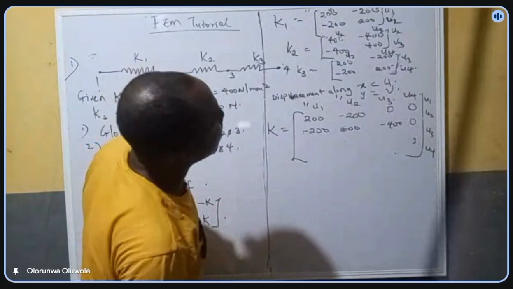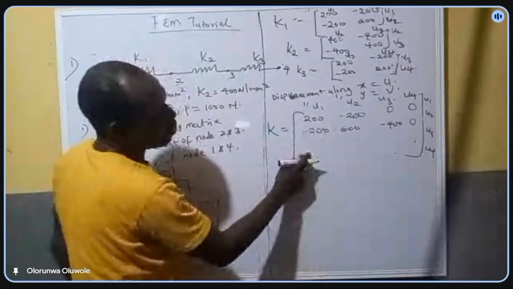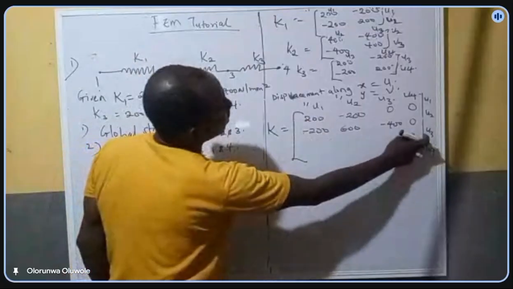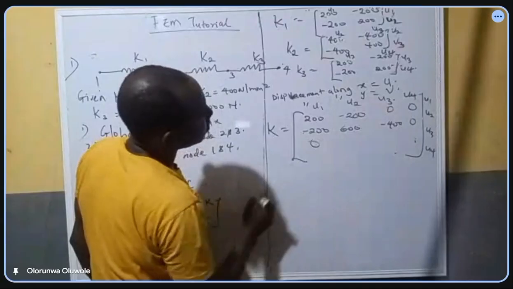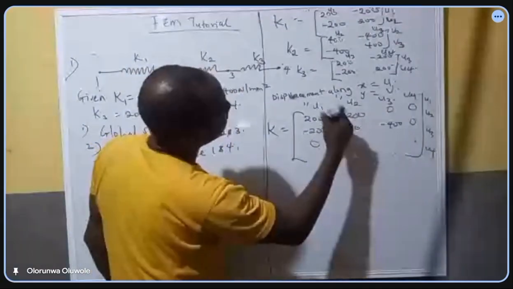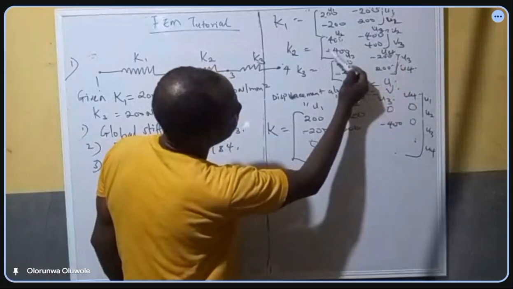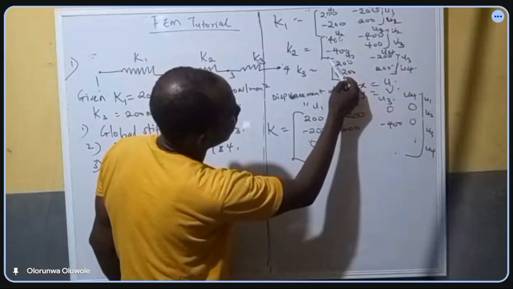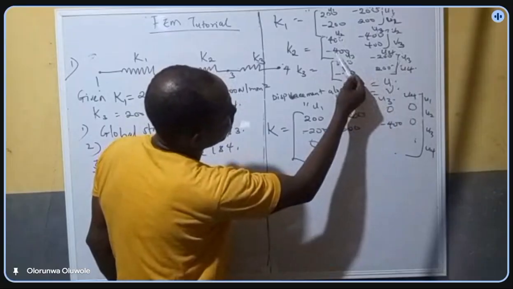There's no U4, U2, so it is 0. So we come to the next one. U1, U3. Nothing like U1, U3, so this is 0. U2, U3: minus 400 here. U2, U3, we have minus 400.